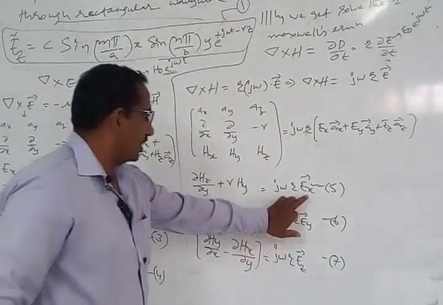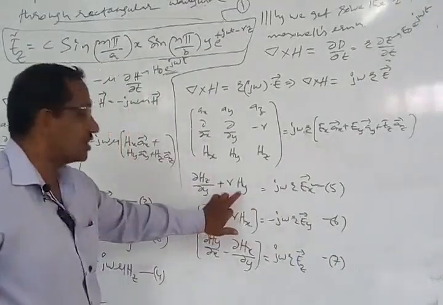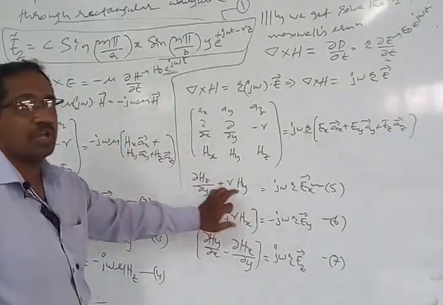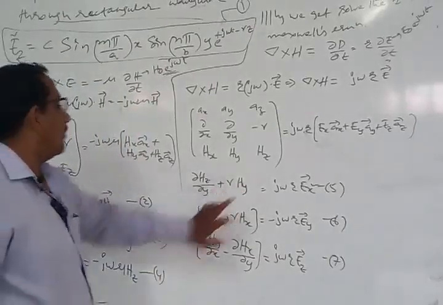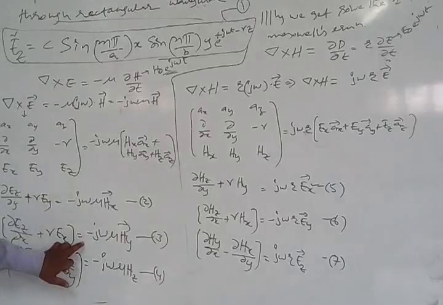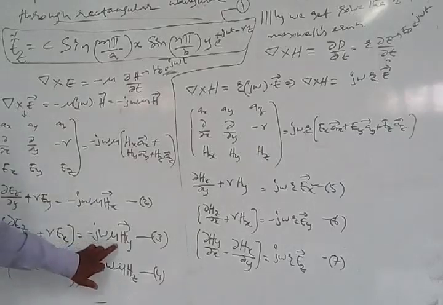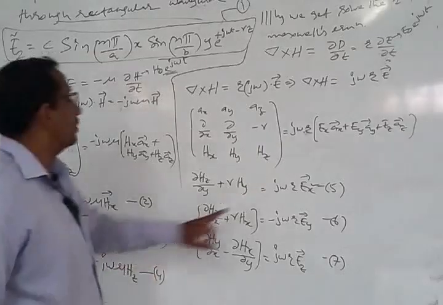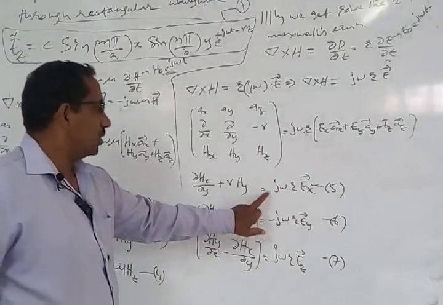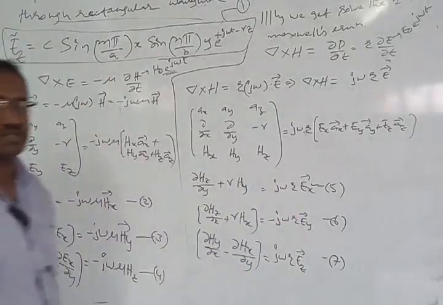In this equation for Ex, I am having Hy. See this? I am having Hy. Where is Hy here? I have Hy here in equation number 3. From equation 3, I will get Hy. This Hy I will substitute in equation 5 to get the expression for Ex.